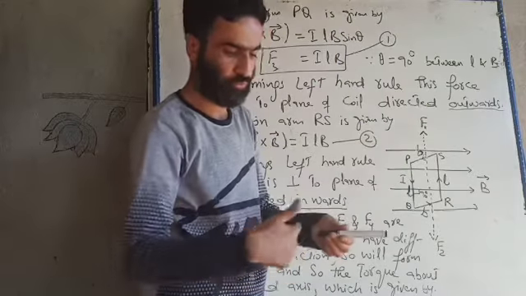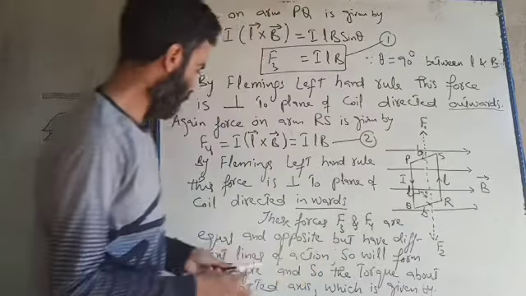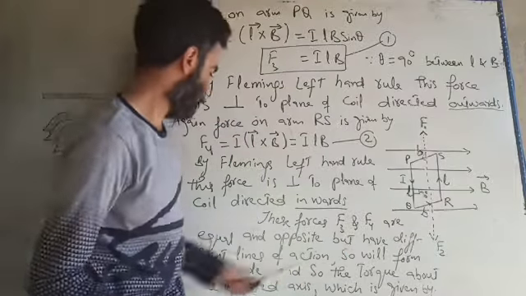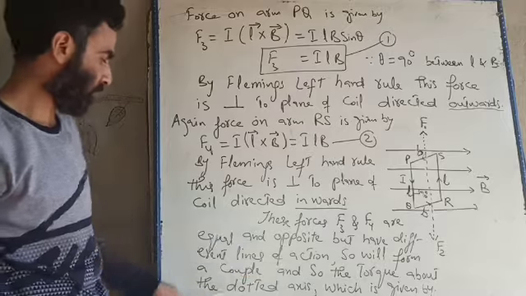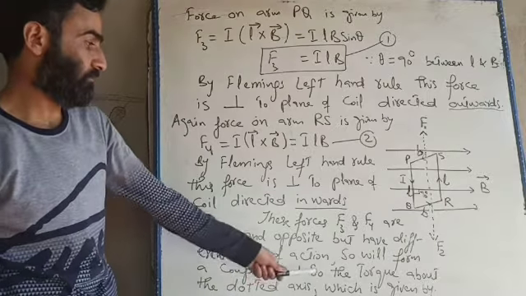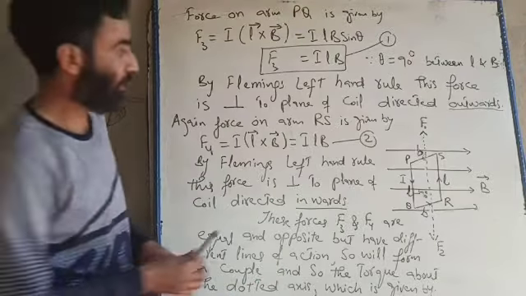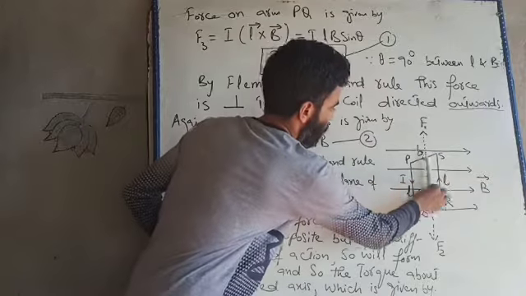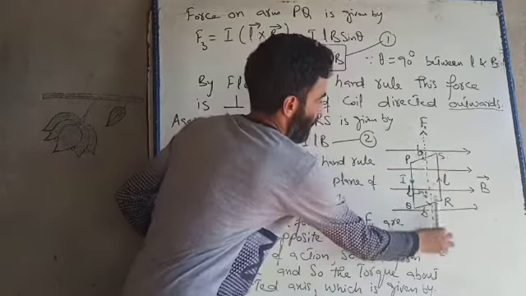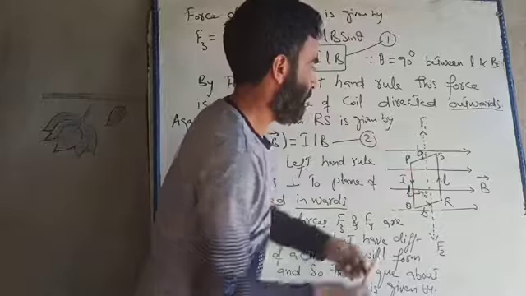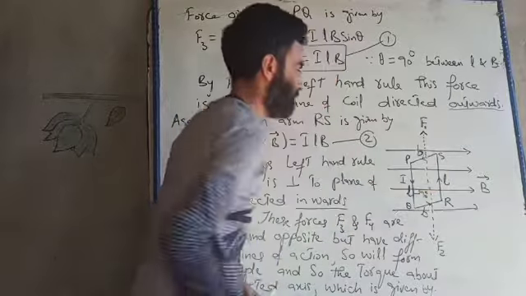Here the forces have two different lines of action, so they will form a couple, and so torque about the dotted axis gets created here. This is the dotted axis, so torque will be experienced in the coil about this axis.